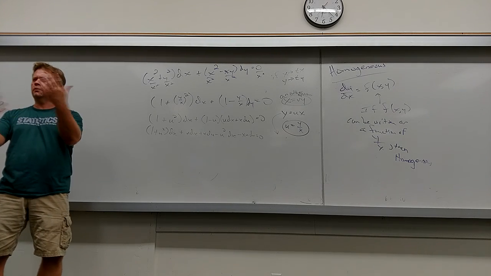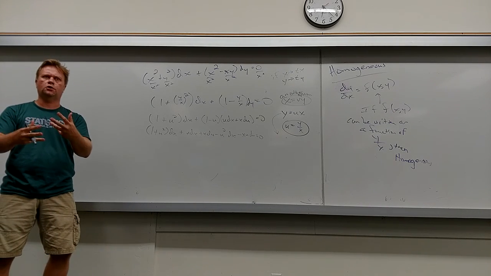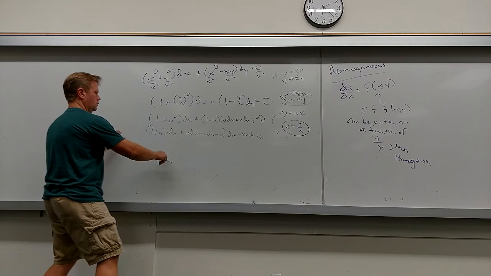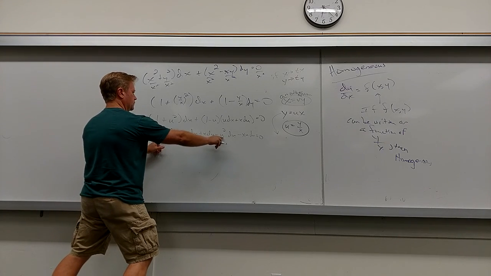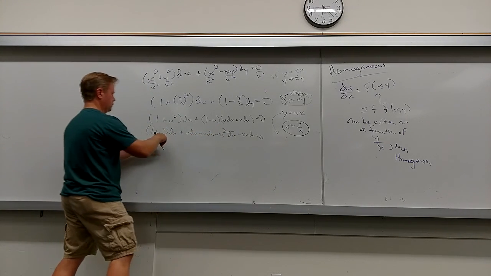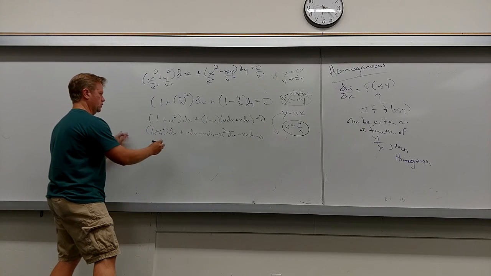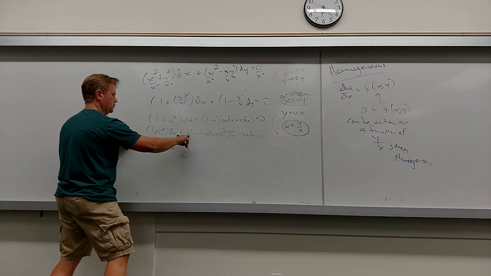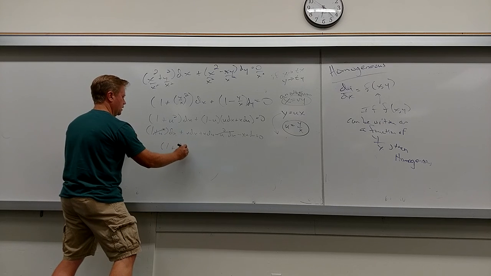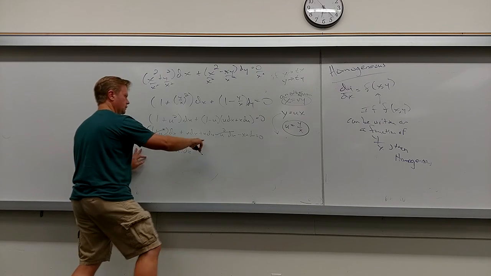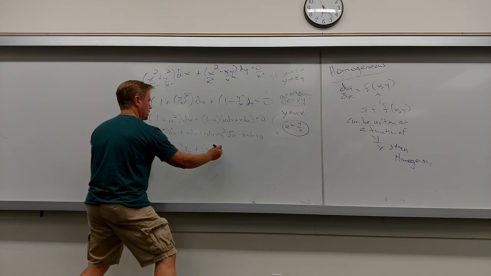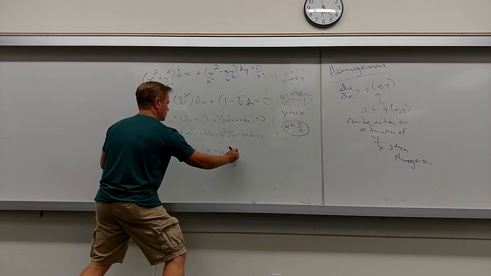And now just collect your dx and your du terms. So we get, this is nice, minus u squared plus u squared. So now I get 1 plus u dx plus x minus xu du equals 0.